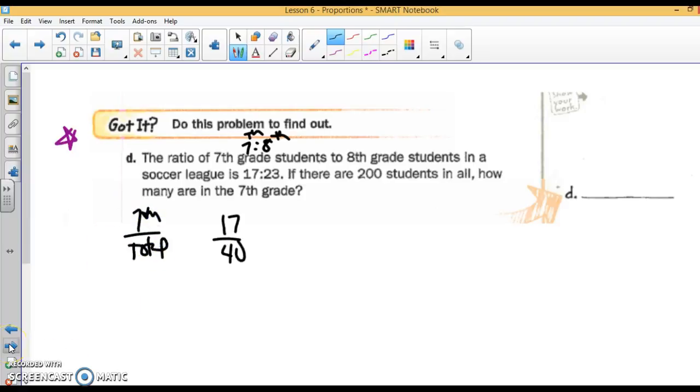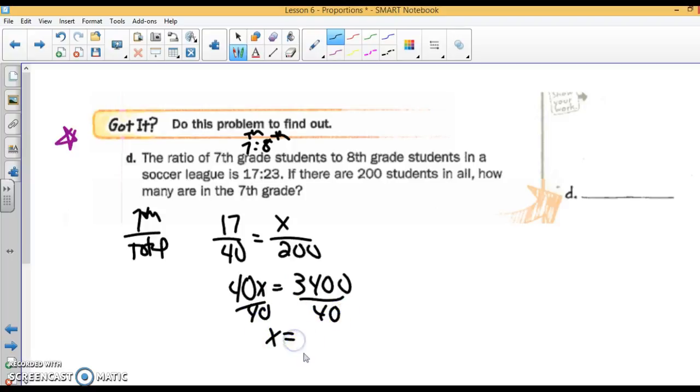That's what I call a cheater fraction. We want to know how many 7th graders, X, out of total 200. 7th to total. 7th to total. Cross multiply. I want 40X equals 3,400. Divide both sides by 40, and I get X is 85. So 85 7th graders.